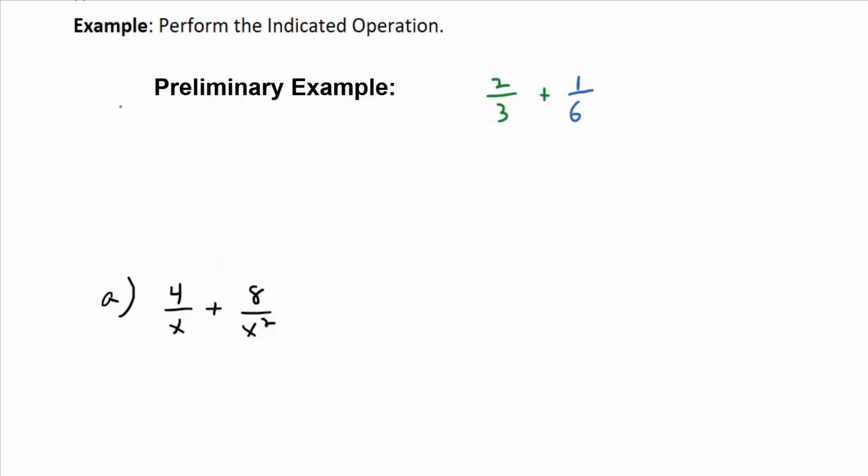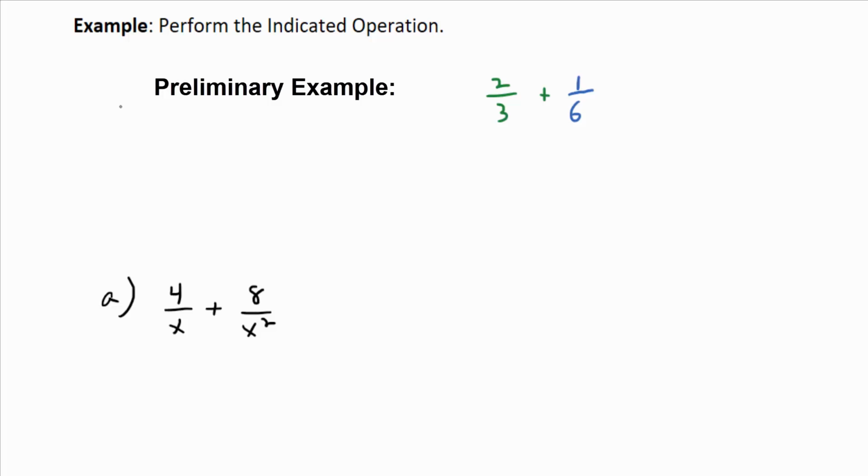So 2/3 plus 1/6. What do we need to add those two together? Well, yeah, but what do we call that? We call it a common denominator. We actually call it the least common denominator. We need to find the least common denominator and then get both fractions in terms of it.